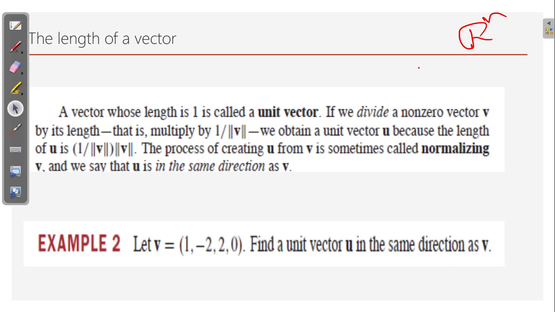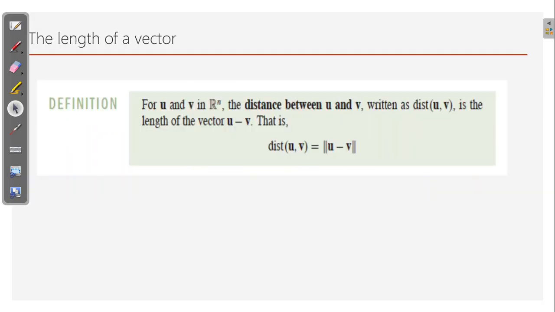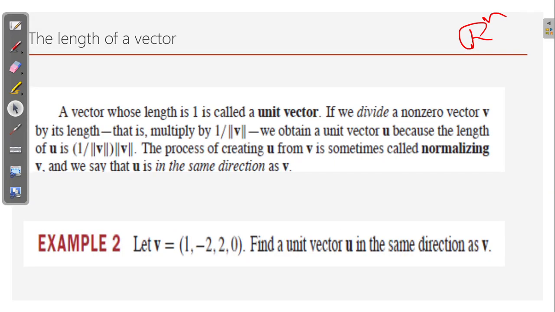Now I'm going to define a vector whose length is 1. That means a vector, suppose it is v, whose norm, norm v, is the square root of v dot v, which equals the square root of 1, which equals 1.